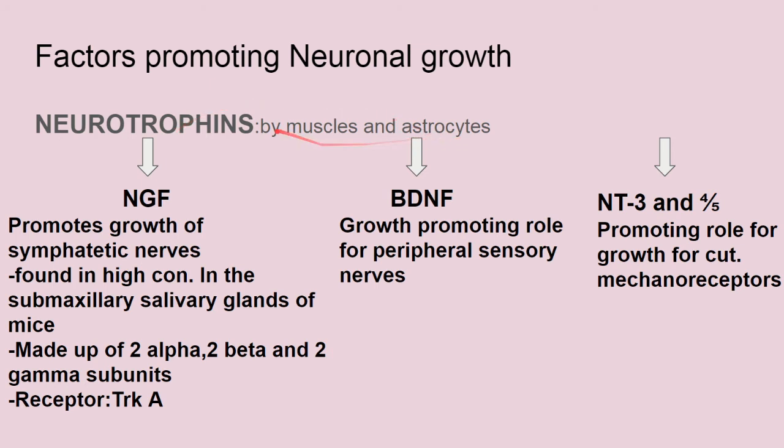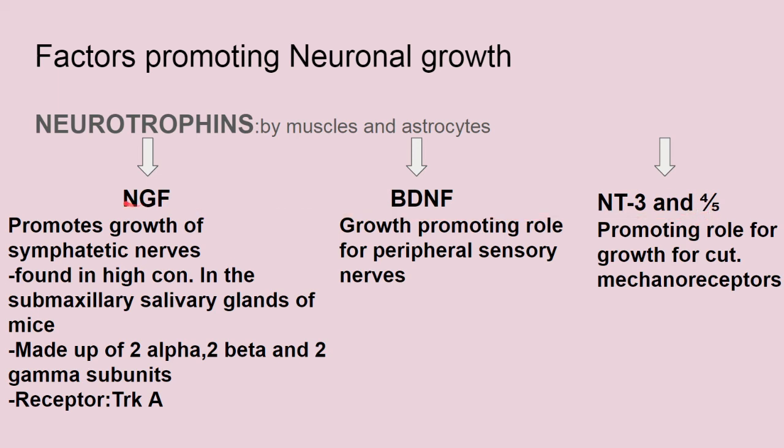Now the established neurotrophins include the following three types. The NGF, what is NGF? Nerve growth factor. BDNF, that means brain derived neurotrophic factor. And third is NT3 and 4/5, that is neurotrophin 3 and 4/5.